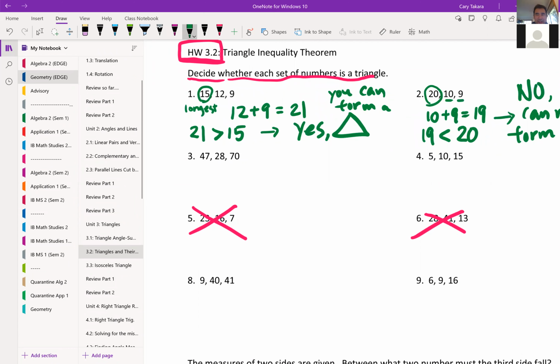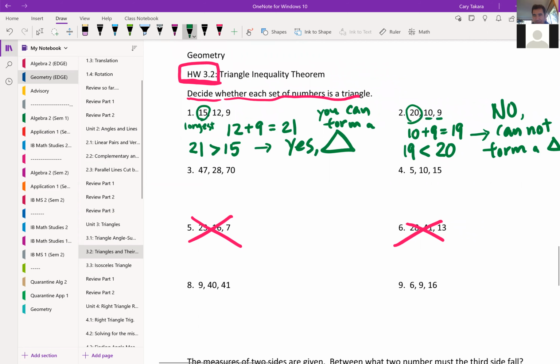Let's do number 3. You getting the hang of this? It's pretty easy, right? So you do number 3.